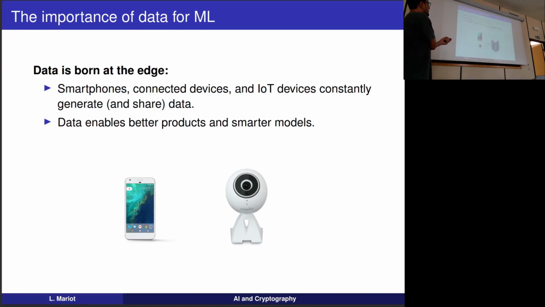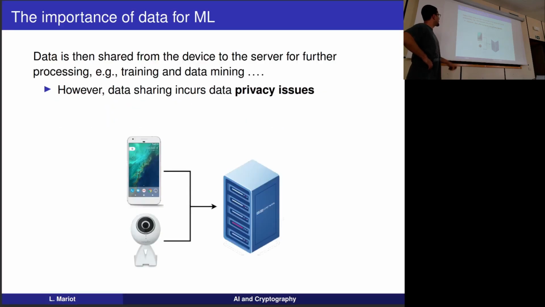The problem is that when we share this data between these edge devices and a central server that collects this data in order to train the model and then give you the inference later, we might incur privacy issues, because maybe we are revealing something about our behavior that we do not wish to share with others, especially with servers that are handled by big corporations, for example.